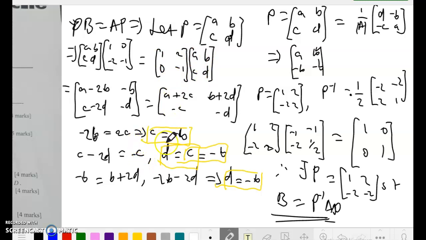And we are able to get our b, c, and d. Now we use the inverse of P in order to prove that indeed B is equal to P inverse of AP. You can go through it again so that you understand the concept and the logic behind matrix similarity.